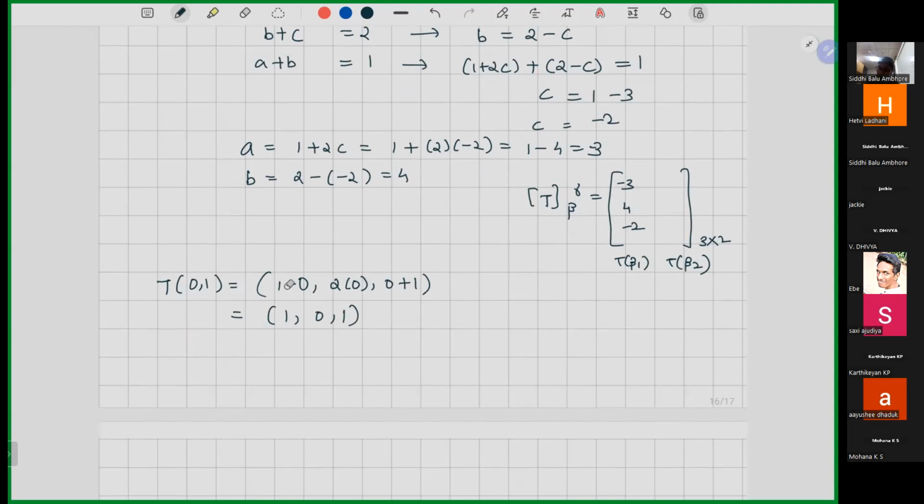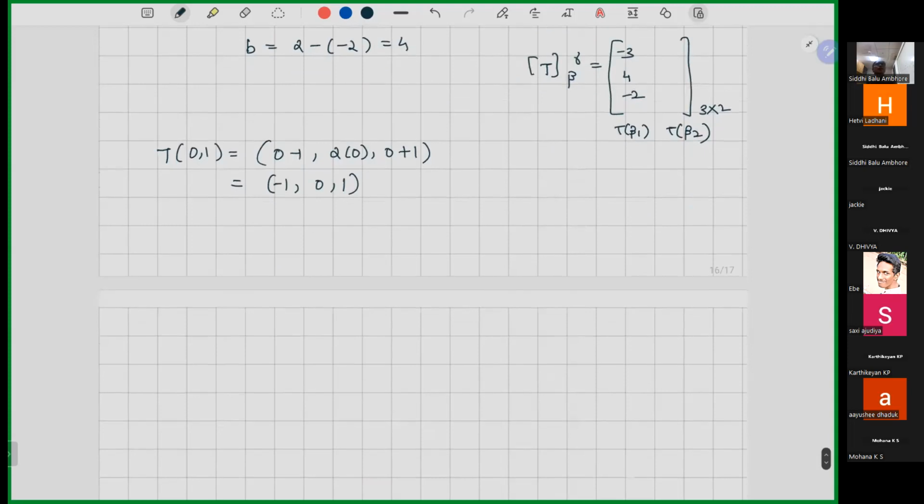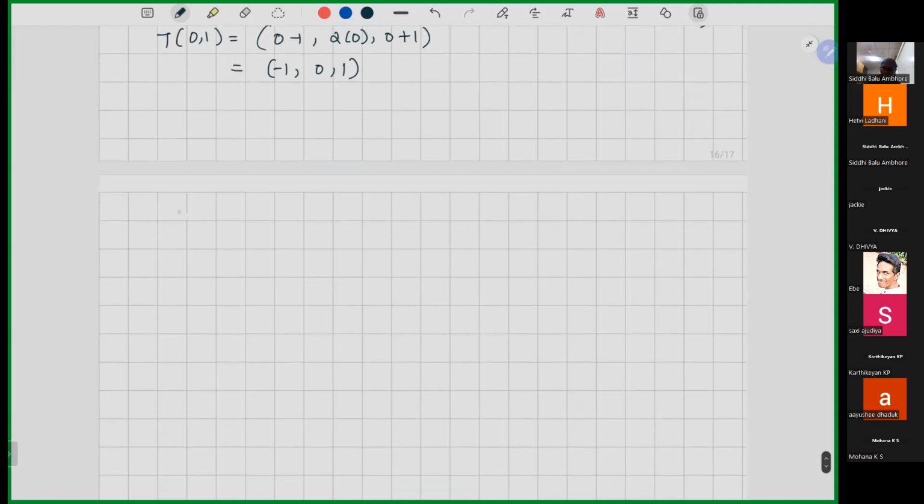Or it is also, sorry, x minus, so this is this element. And again, I want to write this (-1, 0, 1) as a linear combination of A gamma 1 plus B gamma 2 plus C gamma 3.